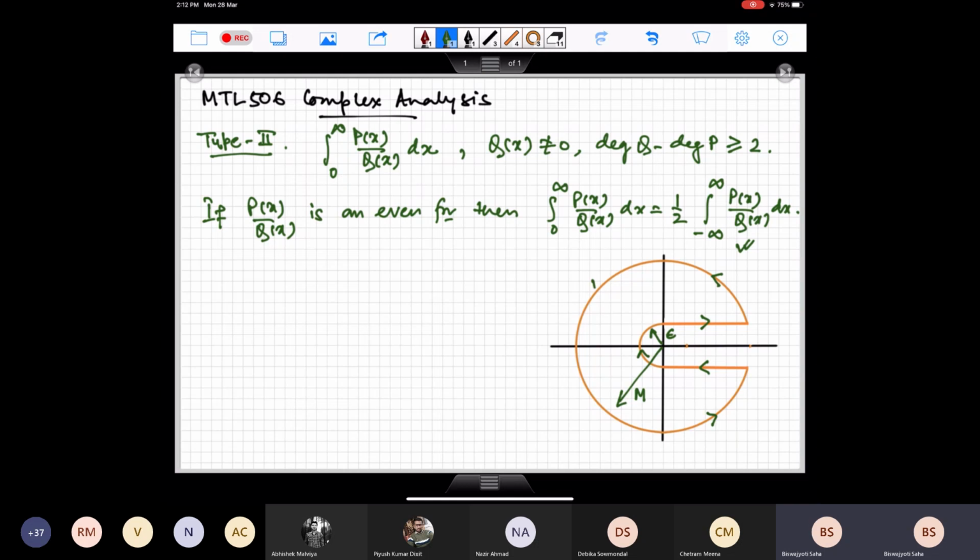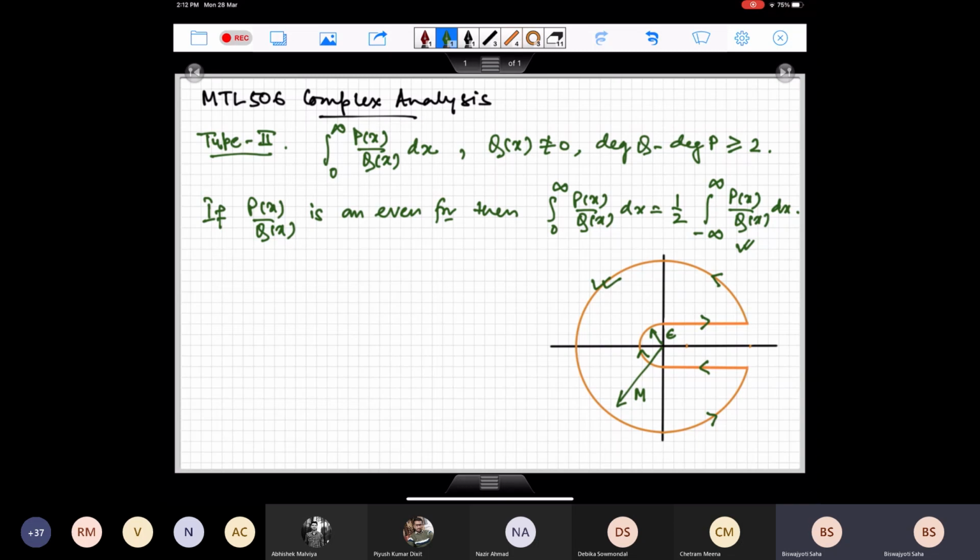For this circular arc, the length of the curve is roughly 2 pi M, or a little less than 2 pi M. Since the degree of q is bigger than or equal to the degree of p plus 2, the growth of p by q is bounded above by 1 upon z squared, or 1 upon x squared in absolute value, therefore 1 over M squared.